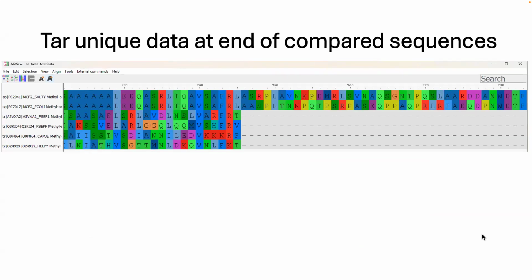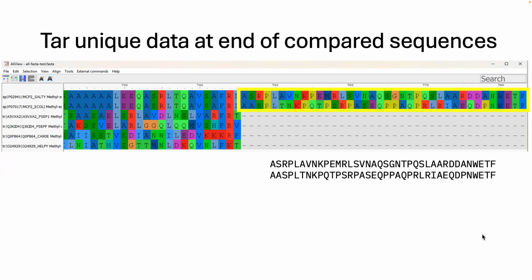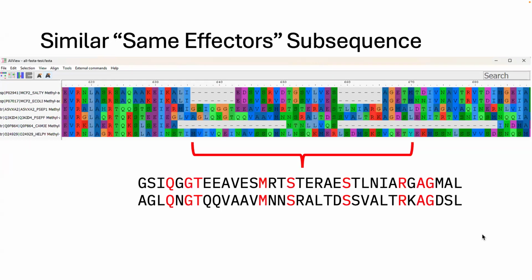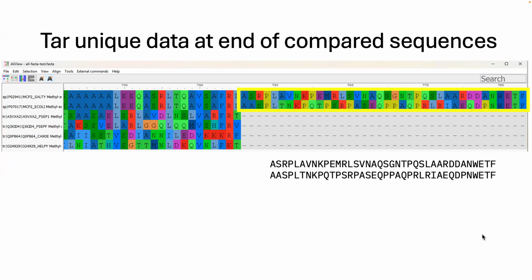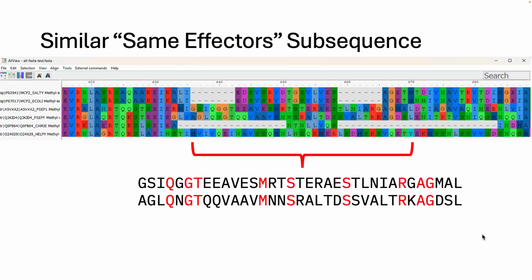Well, for the TAR, for E. coli and Salmonella, these are a section that has some degree of commonality, but I would argue not as high as I would like, at least from my engineering mindset. That just gives us a chance to be thinking about that. Then for the similar same effector subsequence, we have those.